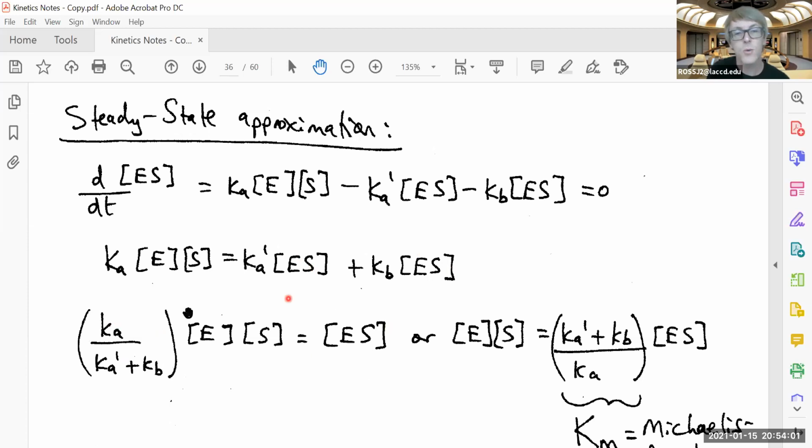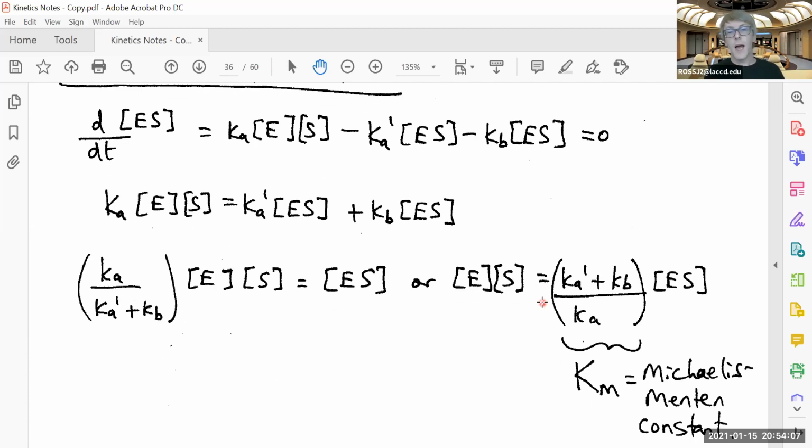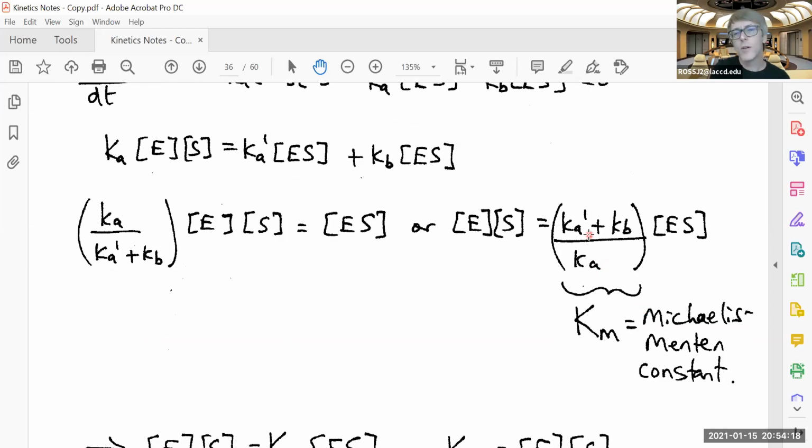So we have this new simplified expression here. And we're just going to relabel this parenthesis here, which is a ratio of rate constants, as the Michaelis-Menten constant. Notice here we've called this accumulation of lowercase k rate constants an uppercase K.